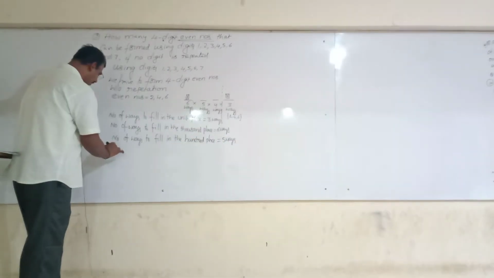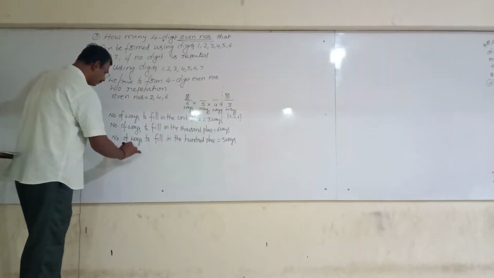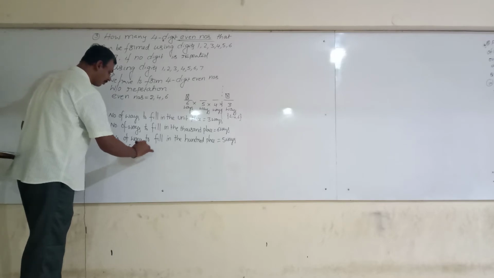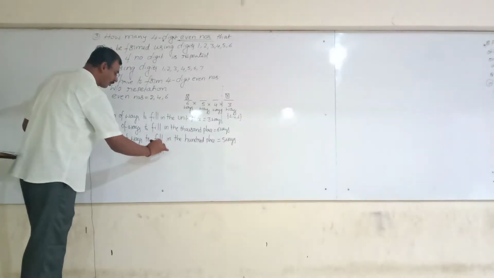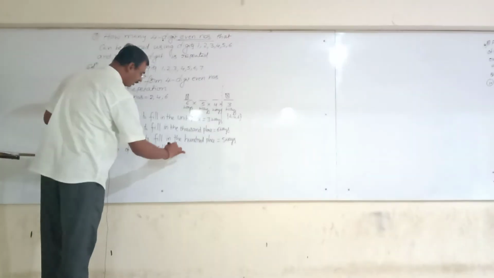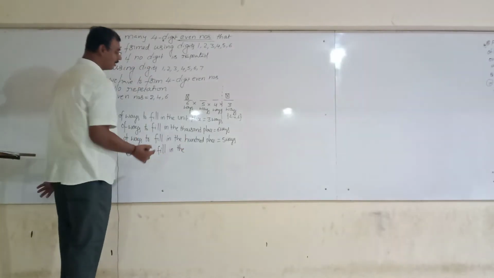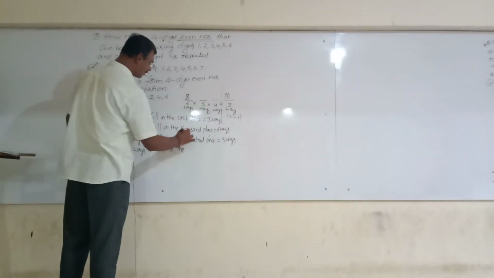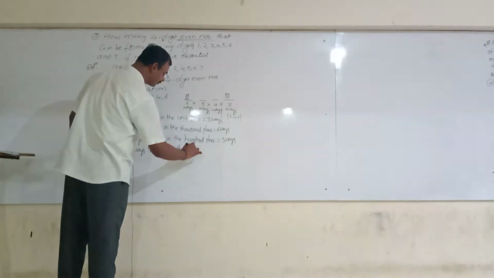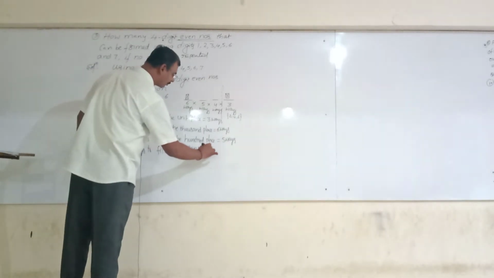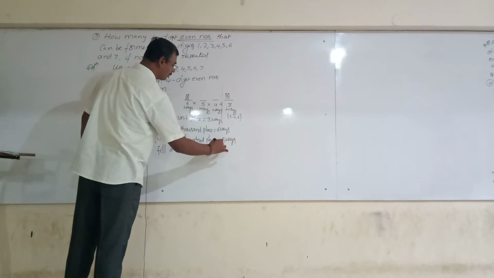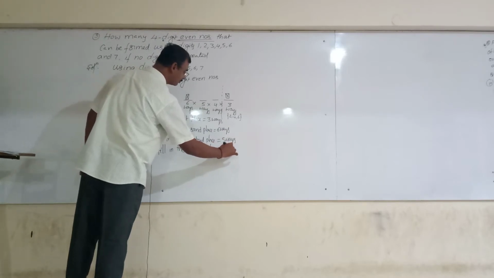Next, the number of ways to fill the tens place is equal to 4 ways.